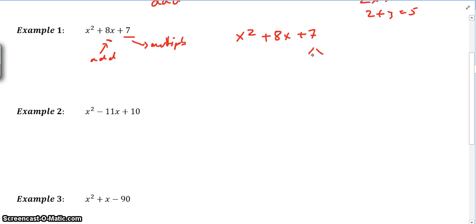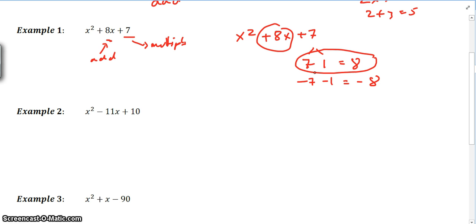By pair factors I mean not just 7 by itself, but 7 times 1. And another factor of 7? Minus 7 and minus 1. Then I'm going to add these. So 7 plus 1 is 8, but minus 7 minus 1 is minus 8. So which one gives us this? It's going to be 7 and 1.